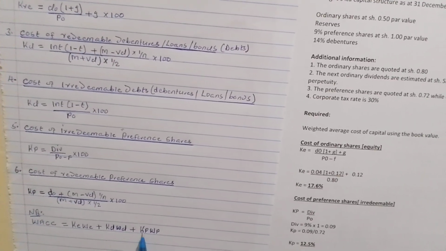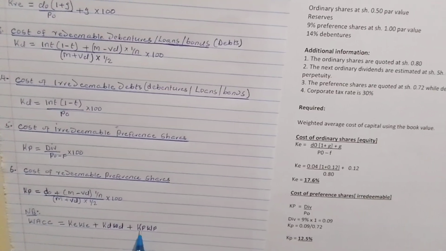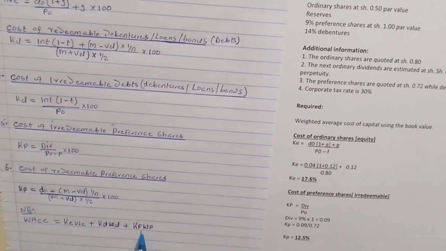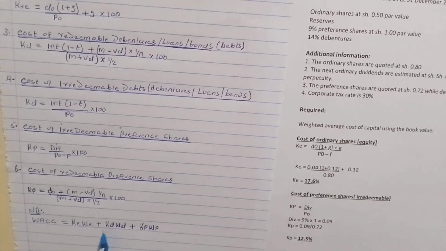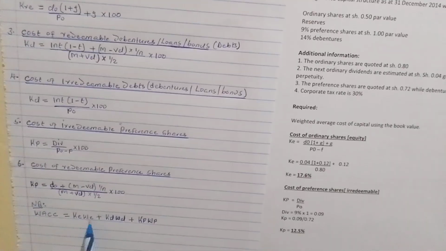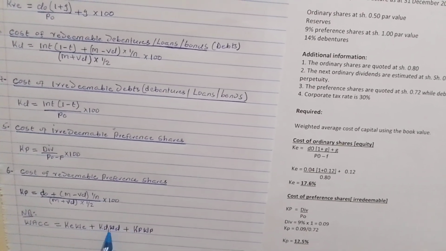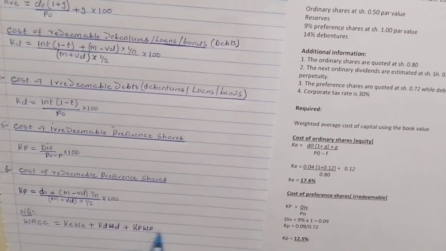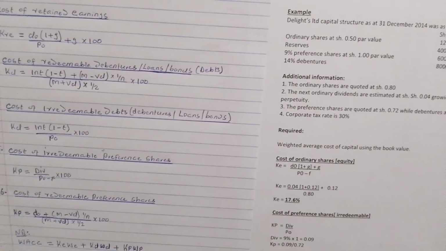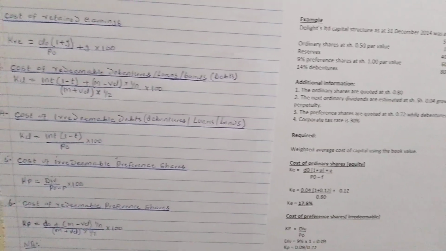And then cost of preference shares. Preference shares can either be redeemable or irredeemable. So you calculate the cost of preference shares, the cost of debts, the cost of equity. These formulas here will help you get that. And then you multiply by weight of equity, weight of debt, and weight of preference shares. Now, I'll show you the other part to do with the weights, but weights are easier.